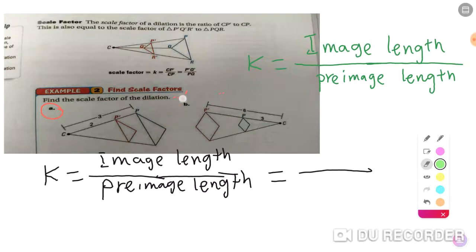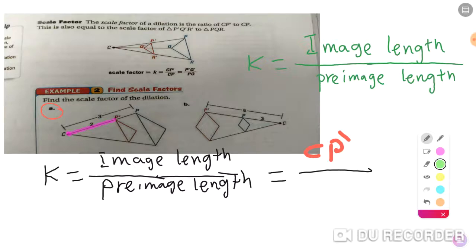So let's have a look at the center of dilation, which is the point C. In order to find out the image length, from the center of dilation we go to the point which is the image. So it will be CP prime over the length of the pre-image.